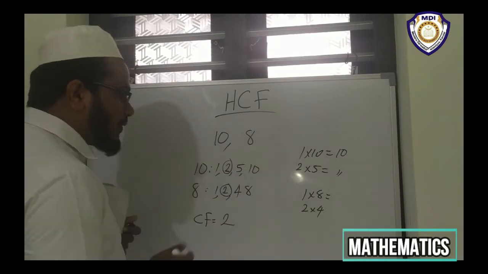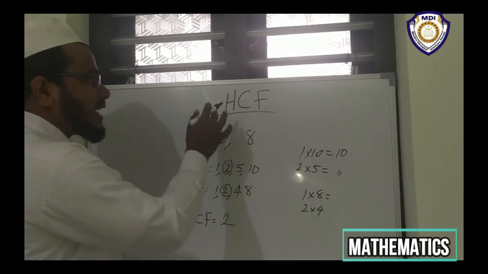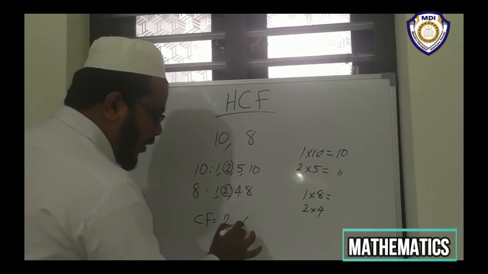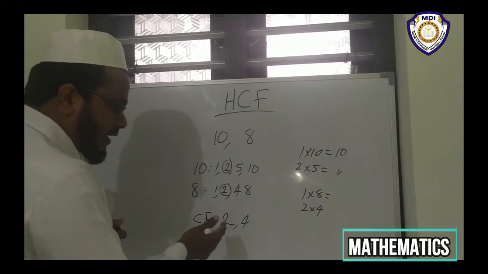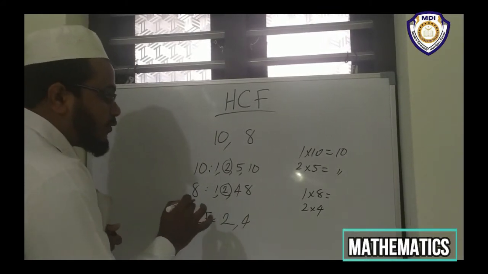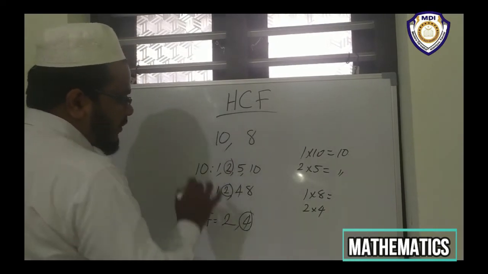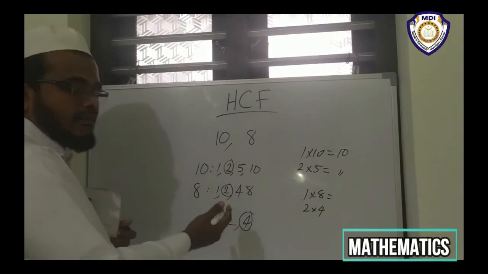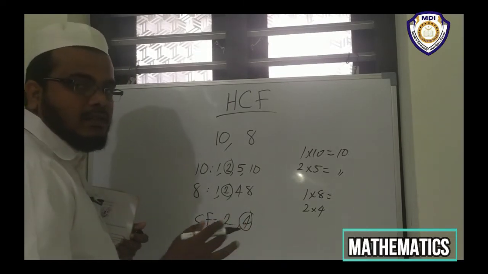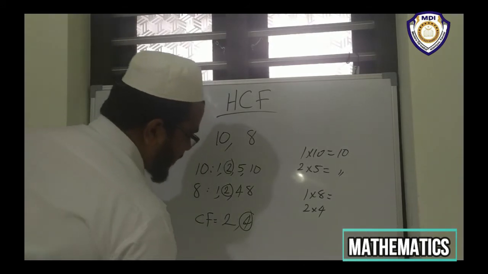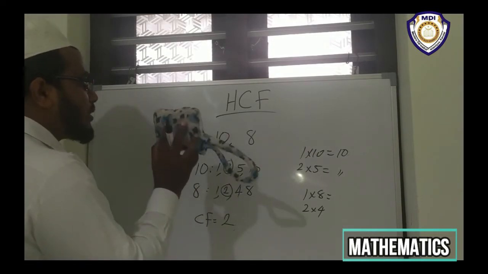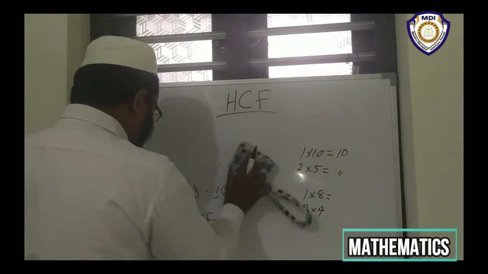Now we check the highest common factor, the largest common factor. Just imagine if there were a 4 in both. Then we would select 4 as the HCF because 4 would be the highest common factor. If there are two common factors, 2 and 4, then we select 4. Please imagine that. Here 2 is the common factor. I think you have understood what HCF is.